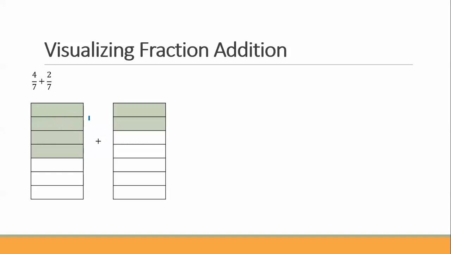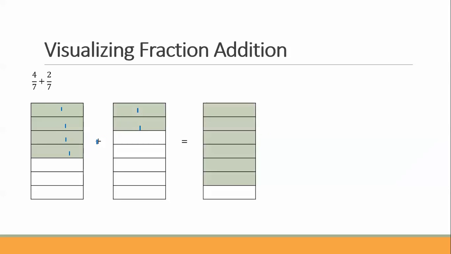So now, just like when we added integers, 2 plus 3 and got 5, we had 2 boxes and 3 boxes and 5 total boxes. We have 1, 2, 3, 4, 5, 6 out of 7 boxes.